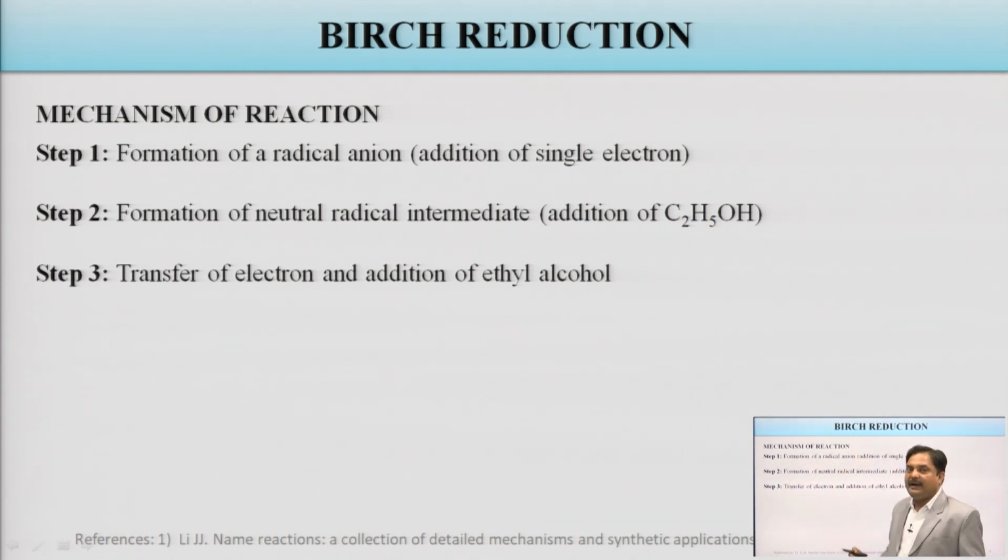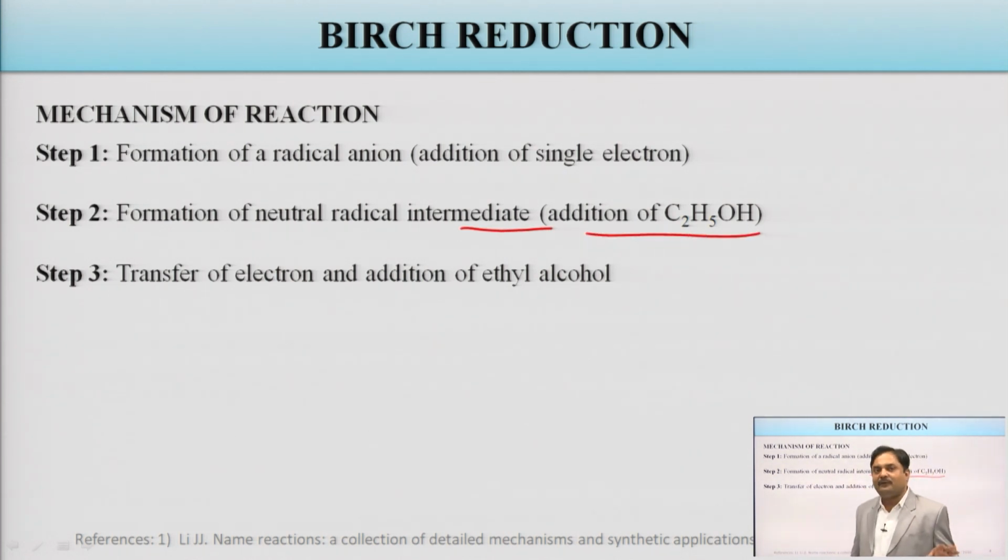A single electron is provided by the alkali metal. In the next step, neutral radical intermediates are formed by the addition of C2H5OH. When the radical anion is formed, the ethanol, which was taken as a solvent, acts as a proton donor.